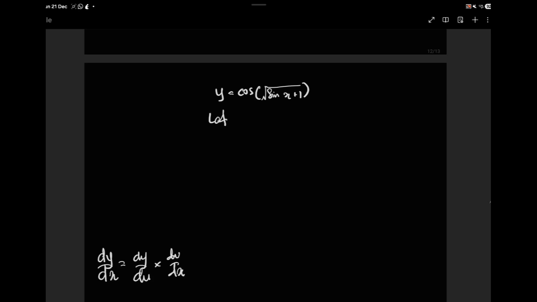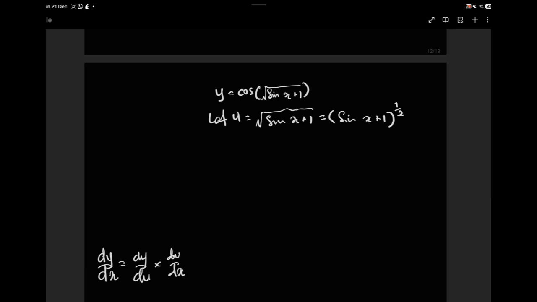Let u equal the inner function, which is the square root of sin x plus 1. To make it easier to differentiate later on, we can change it into the form sin x plus 1 to the power of 1 over 2. Okay, so we have defined u.